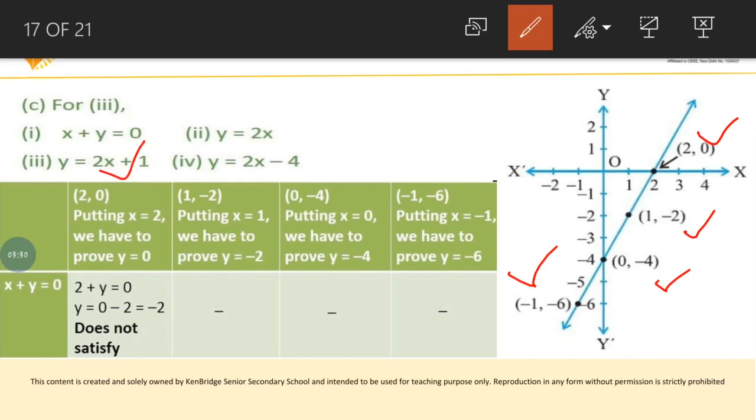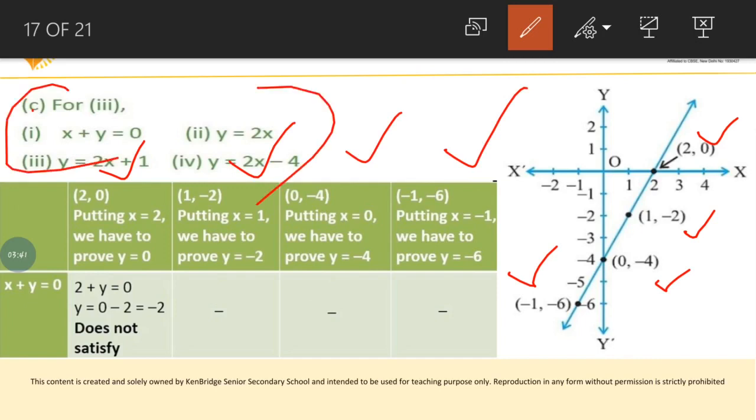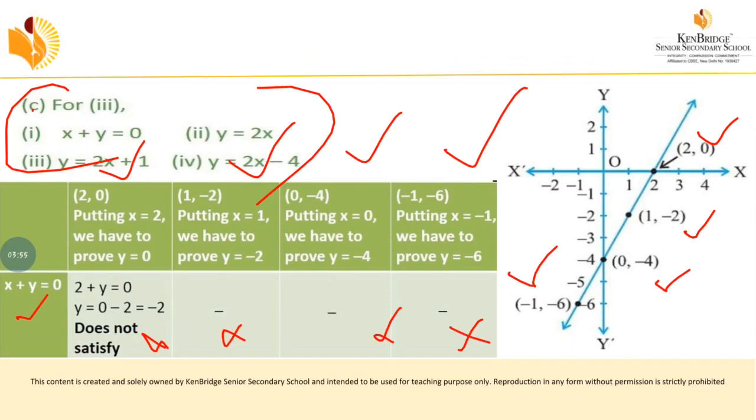So these 4 points we should write in the tabular column, and with these 4 points we have to check whatever options are given here. Let's check whether each is satisfied by all 4 points. So the first one, x plus y is equal to 0, is not satisfied by all 4 points. So let's move on to the next one.